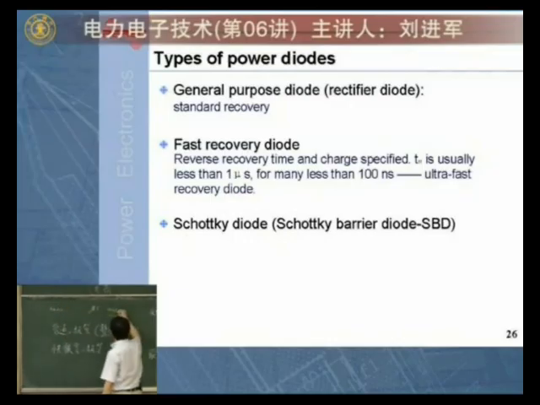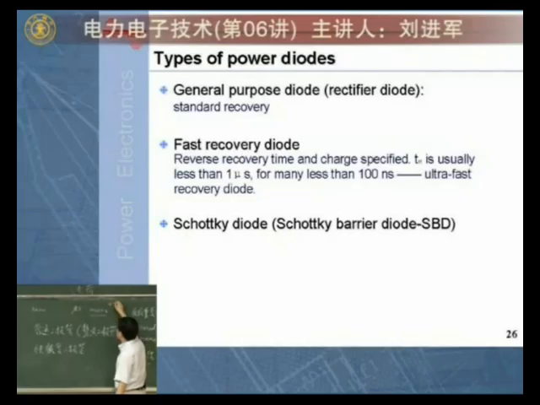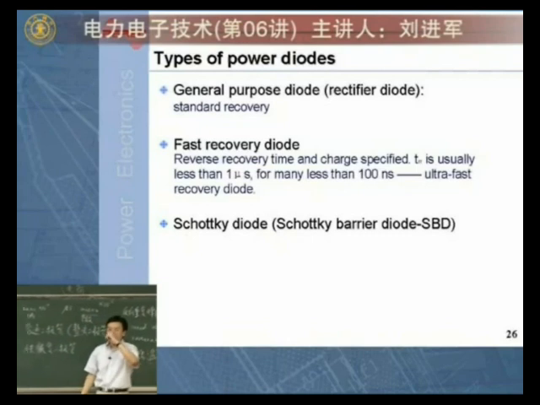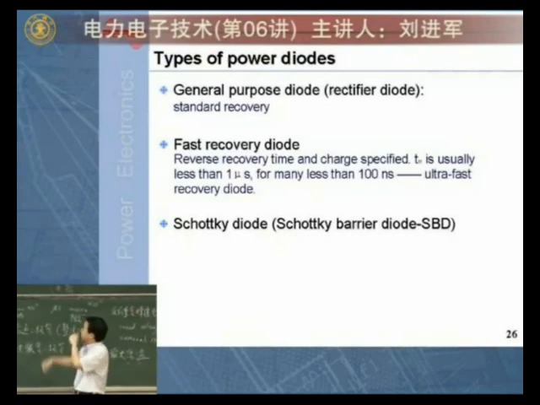Did I mention this? Micro is multiplied by 10 to the minus 6 power. Nano is multiplied by 10 to the minus 9 power. So even less than 100 nanoseconds, that's called ultra-fast recovery diode.